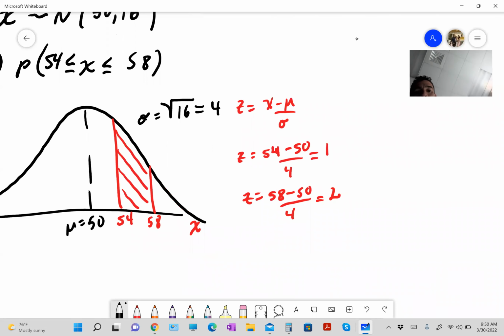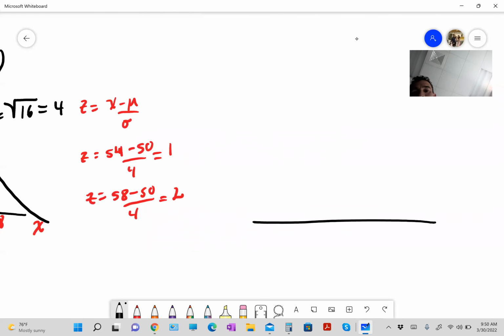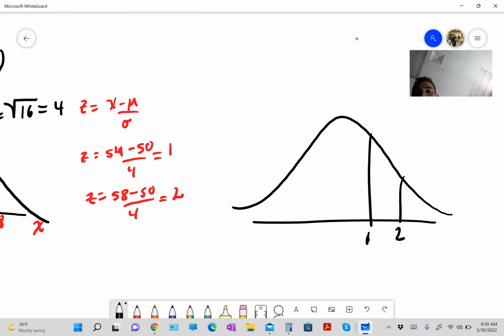So what we have is 2 and 1, like that. Well, you're going to find both of these areas here.